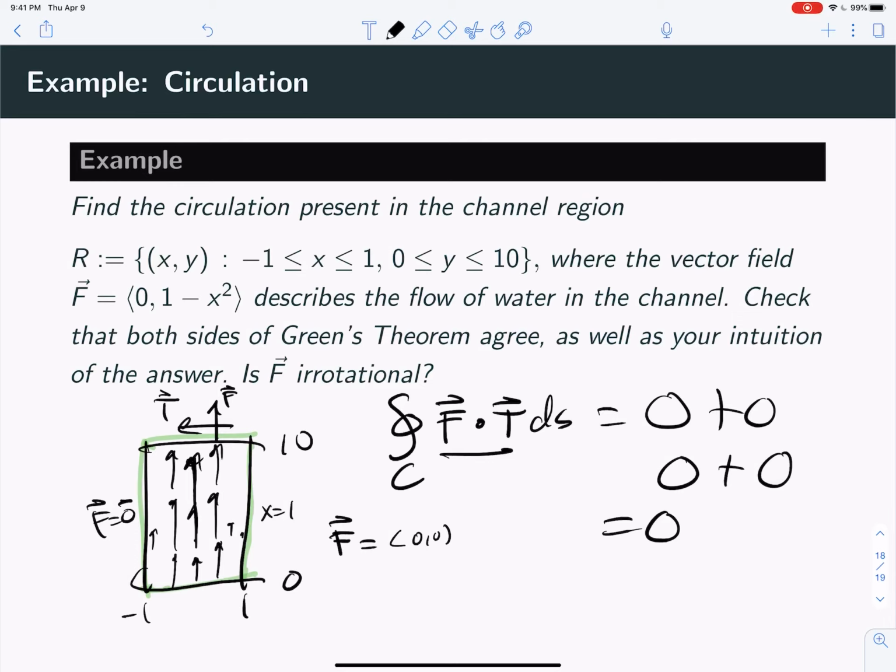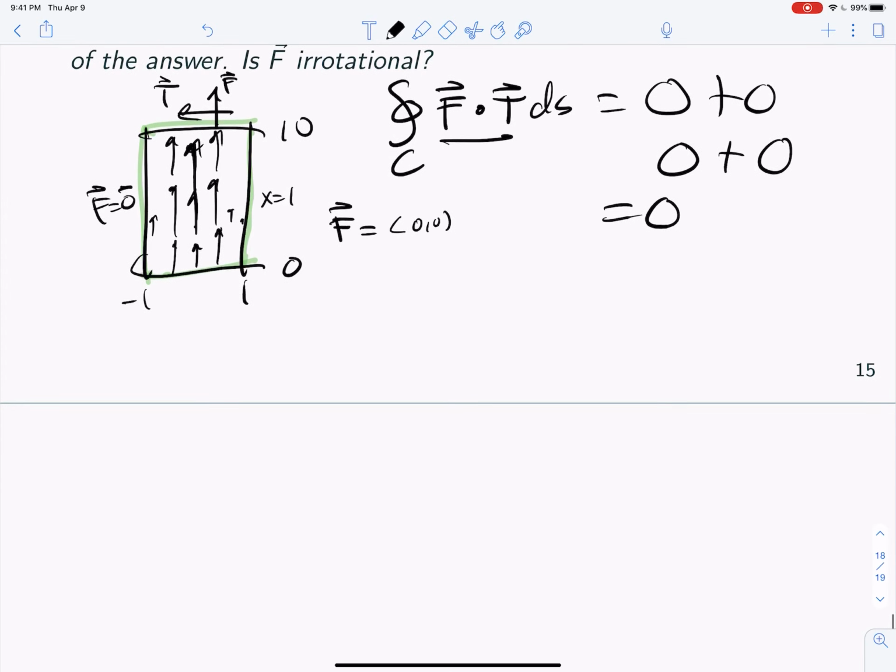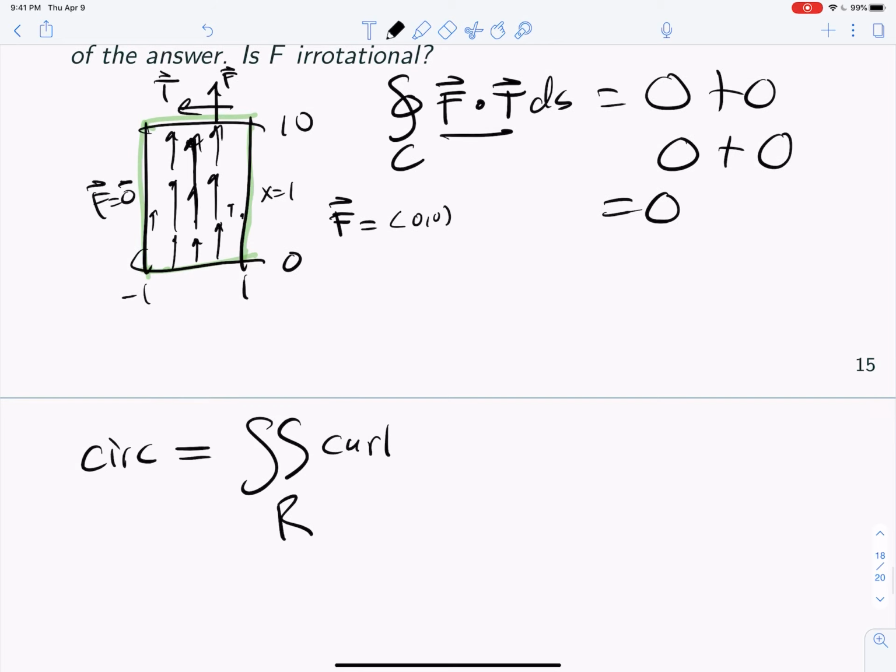But we should double check the other side of Green's theorem. So what does the other side of Green's theorem say? Well, it says that that circulation should also equal a double integral over the region of that curl quantity that we talked about, dA. And what was that curl quantity?